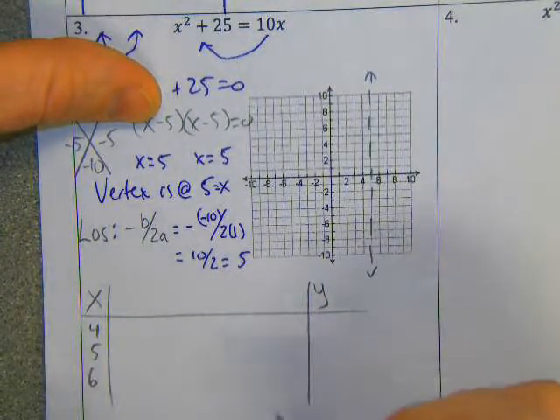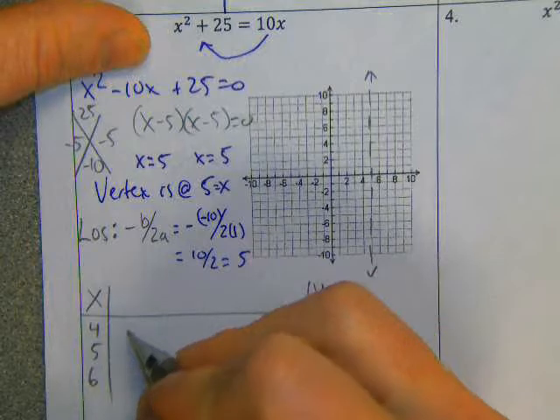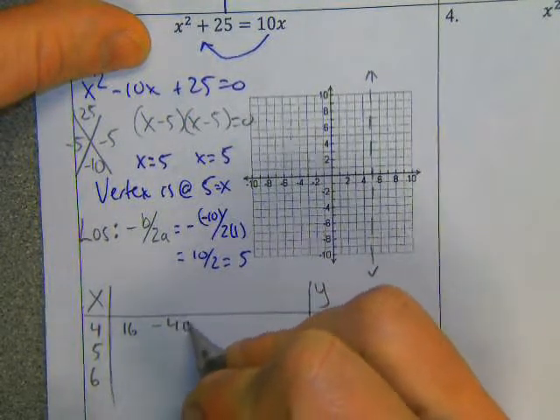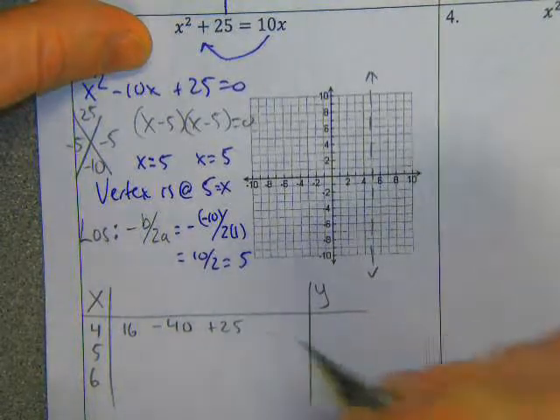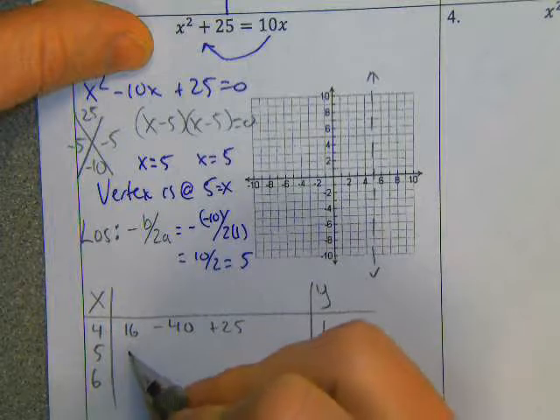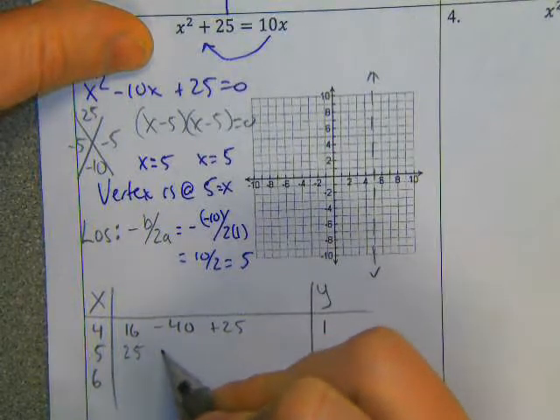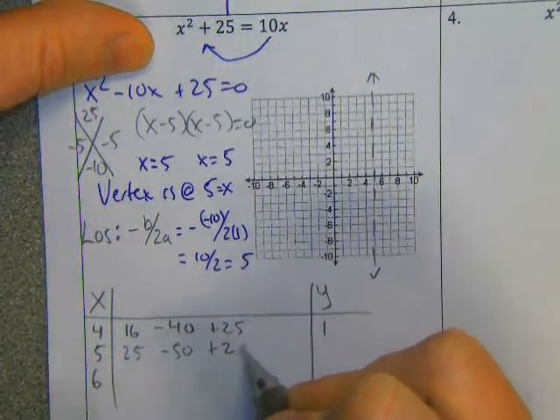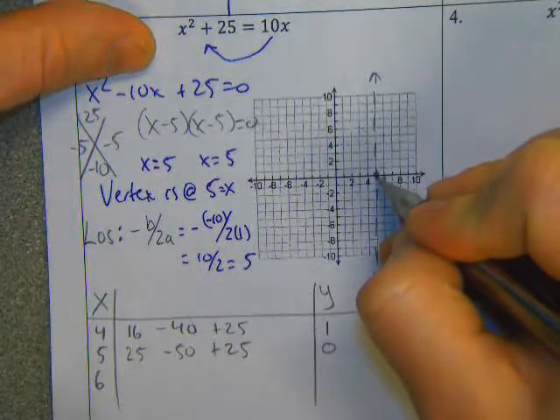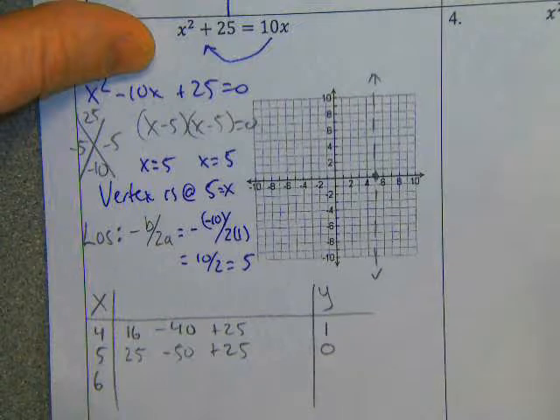If I plug 4 in, I get 16 minus 40 plus 25 is 1. If I plug 5 in, I get 25 minus 50 plus 25, 0. So now I know that point is right there.